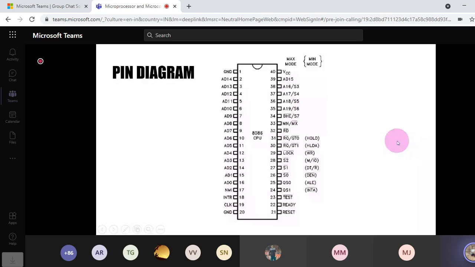Yeah. So this is the typical pin diagram of 8086 CPU, and here you can note that there are pins for minimum mode and there is pin for maximum mode. Now, could you notice any ALE pin in the maximum mode of operation? Do you notice that ALE pin is there in the maximum mode of operation?